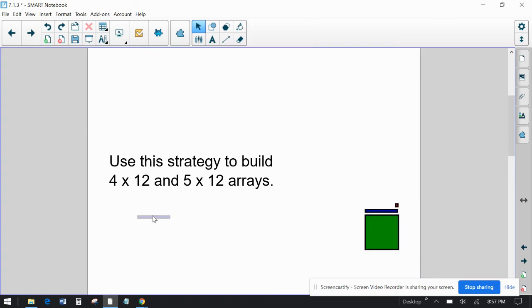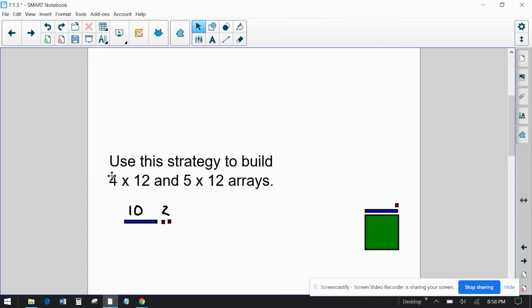Okay, so here's my 12 by himself. And the top row right now, it's a 10 and 2. That represents a 10 and then a 2.